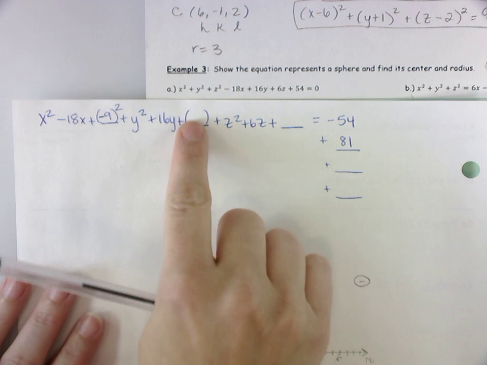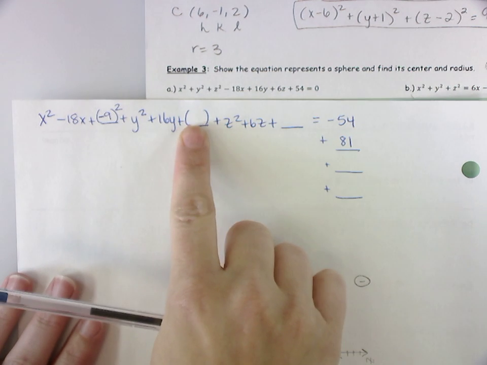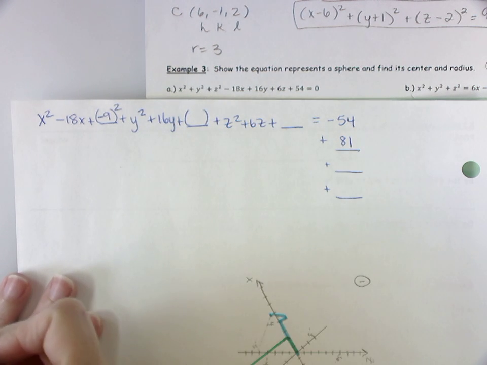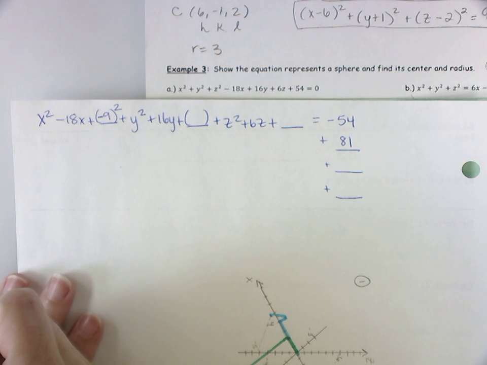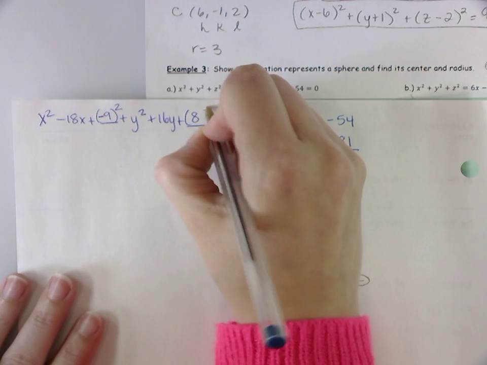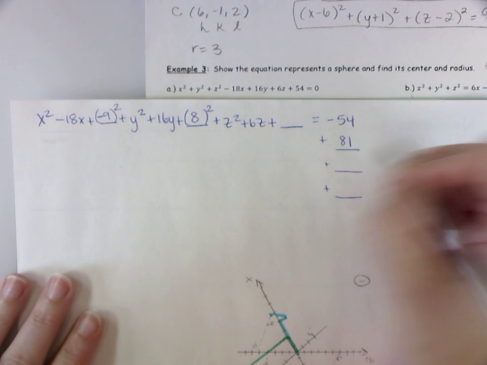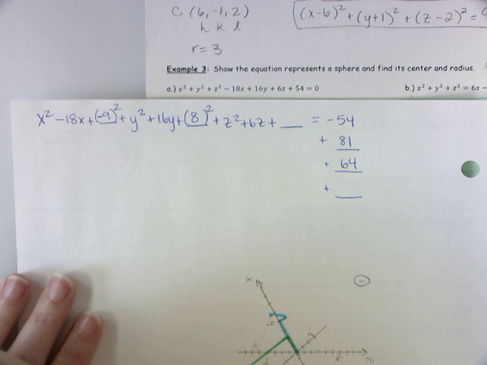And then Megan, in this blank is going to be what? Yep, so do half of your b value. Exactly. So 8 squared, which will be 64. So I'm going to write 8 squared here, and then 64 in my other one.